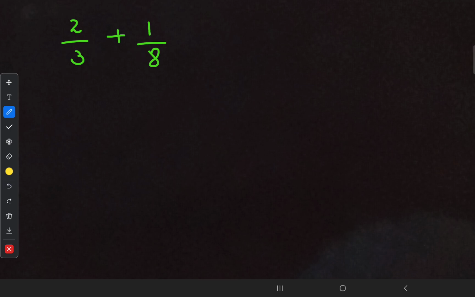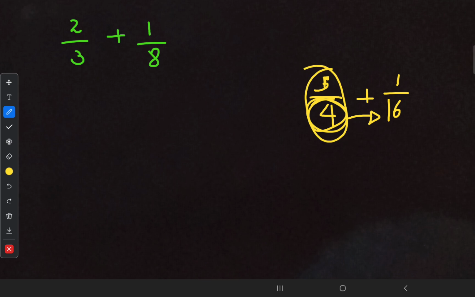In the previous case, 3 upon 4 plus 1 upon 16, the lowest denominator could be converted to the highest denominator, because when we multiply by the number 4, we can convert the denominator 4 to 16. But in this case there is no such possibility, because we cannot convert 3 to 8.